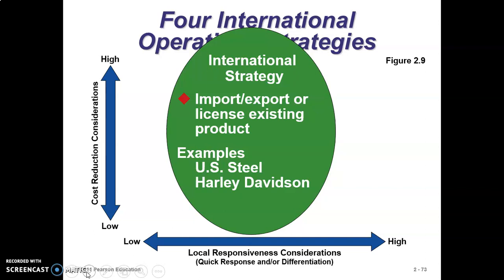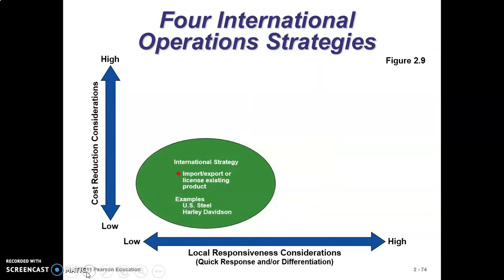So why do we call it an international strategy? Because we export directly, one by one, the finished goods. Like Harley Davidson, the US will export Harley Davidson as a complete product.